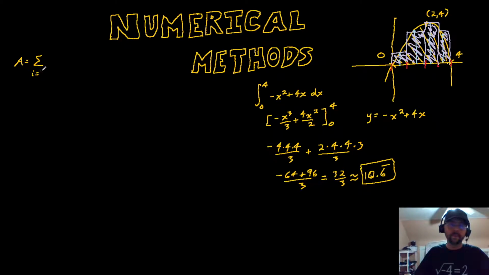No, sorry, 0. i equals 0 to n of f of x sub i star, I'll explain that in a second, delta x. And what this is saying is that you sum together, starting from i equals 0 to n.